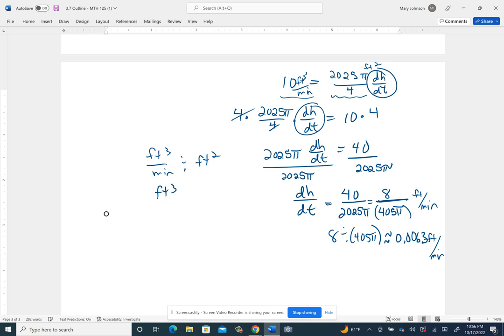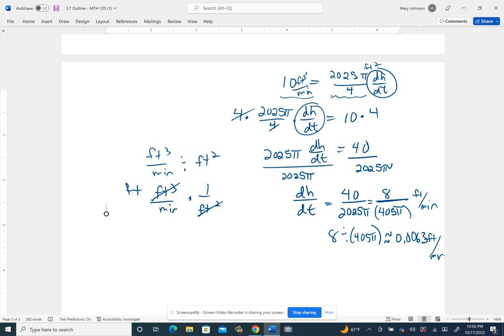That's feet cubed per minute times 1 over feet squared. That knocks out 2 of those, and you just have 1 foot left per minute. Checking on units, I showed you that because sometimes checking on units can help you to get the answer correct. Because if the units don't work out, then you've set it up incorrectly.